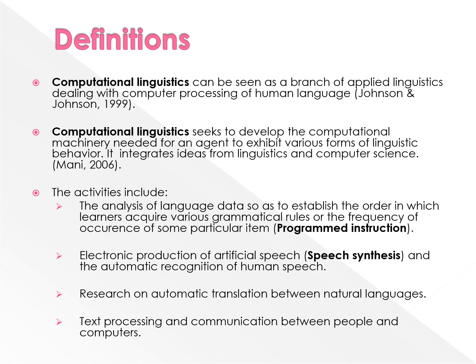Computational linguistics, referring to Johnson and Johnson in 1999, can be seen as a branch of applied linguistics dealing with computer processing of human language. So, computational linguistics seeks to develop the computational machinery needed for an agent to exhibit various forms of linguistic behavior. It integrates ideas from linguistics and computer science.